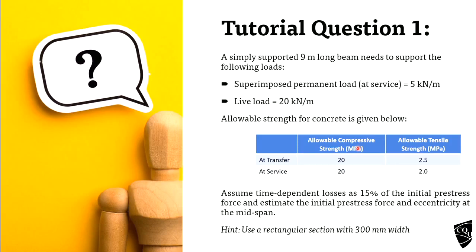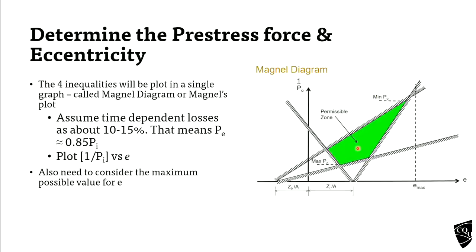Now we need to find out the initial pre-stress force. If we want to find the initial pre-stress force, what do we need to do? We need to draw a Magnel diagram. If we want to find the initial pre-stress force and the eccentricity, you need a Magnel diagram. So we draw the Magnel diagram something like this.